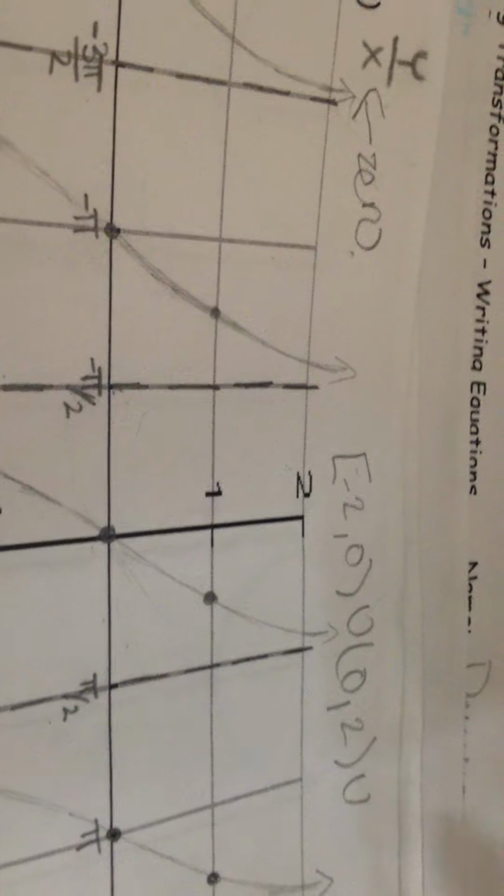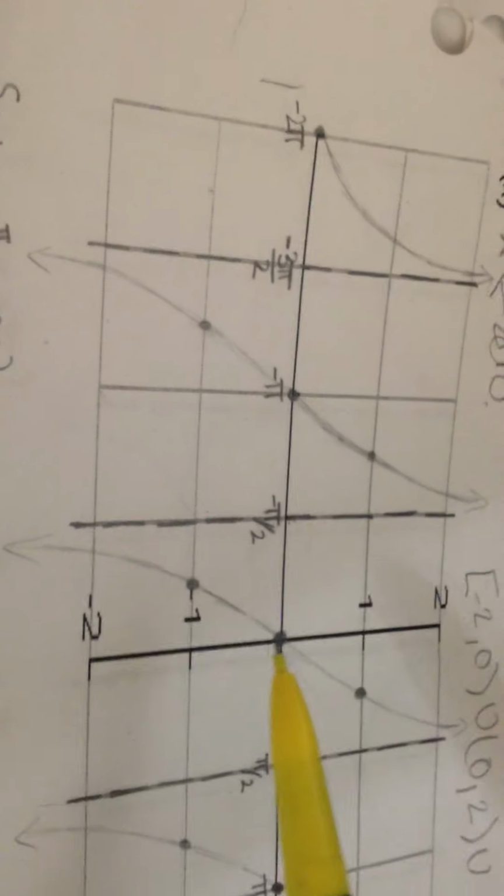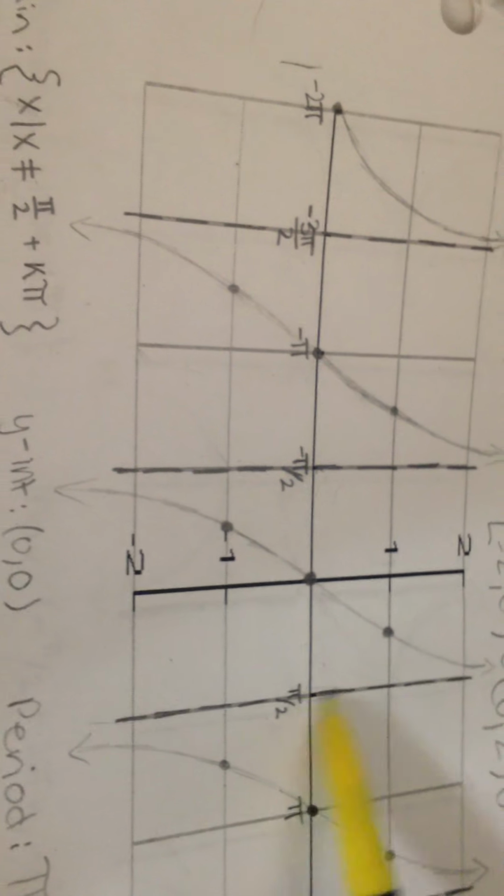Instead of us writing it like that, because we're going to have to keep writing union, union, union, and so on, because it continues on forever. So instead of writing interval notation, we write what it cannot equal. Since we like positive values, it cannot equal the asymptotes right here.